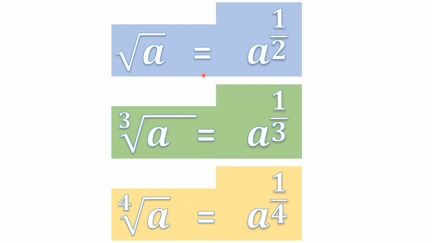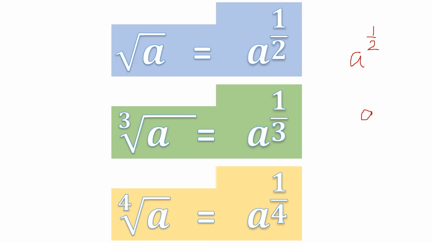Now, before starting the laws, you need to know some basic things. Let me explain. Look, root a. Now, if you do not want to write the root, instead you can write a raised to 1 by 2. Now, where is this 1 by 2 written? Look at it carefully. It's written on top, right? It's not written below.